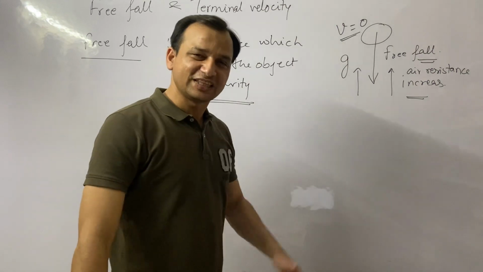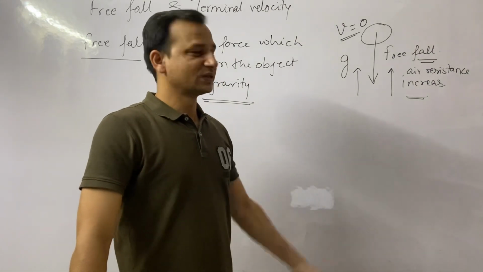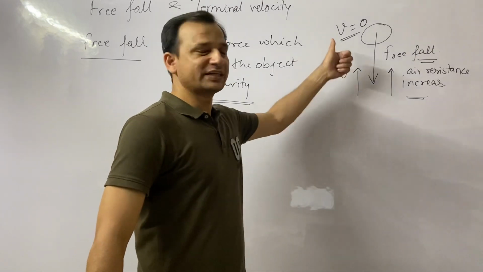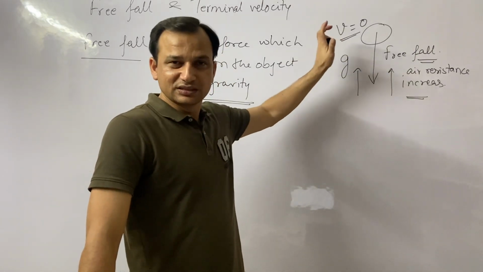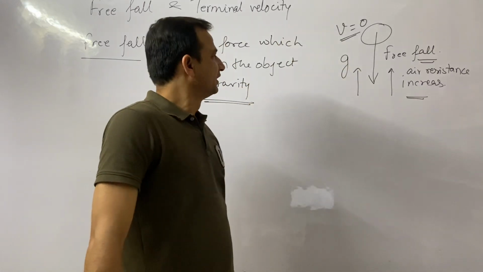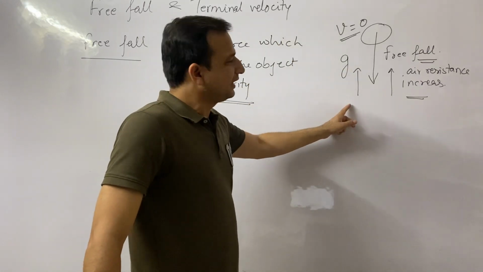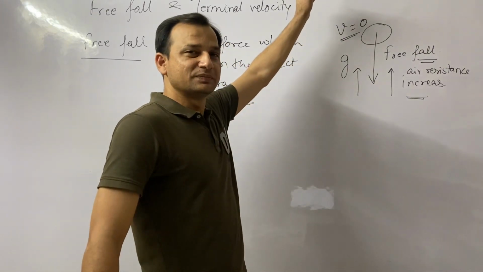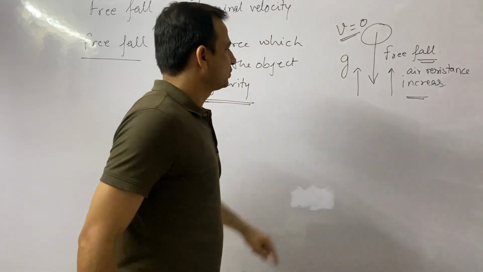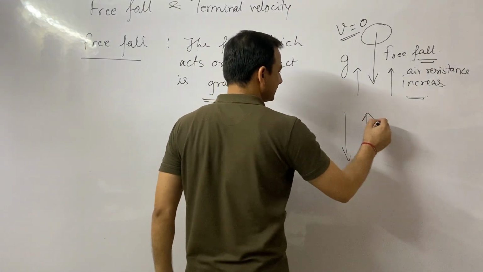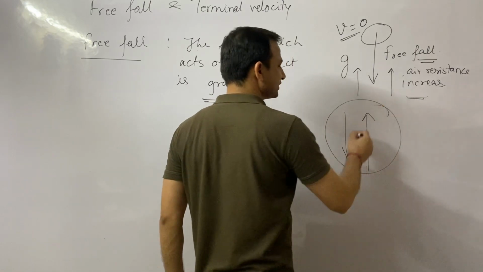Now there will be further increase in velocity, which is downward velocity, because acceleration due to gravity is still strong enough. Now, as the downward velocity is increasing, air resistance is increasing. So downward velocity is increasing and air resistance is also increasing.